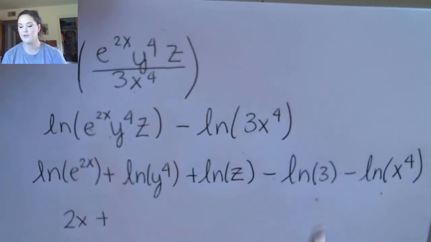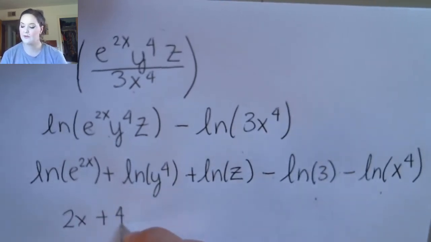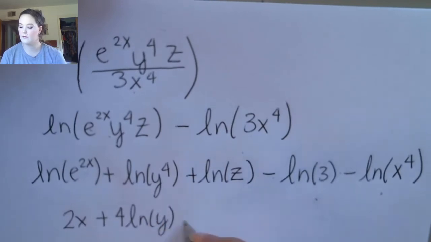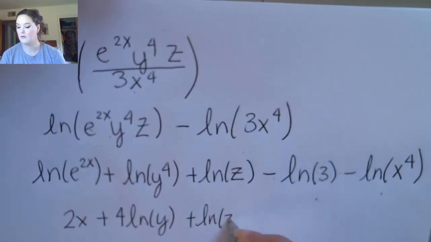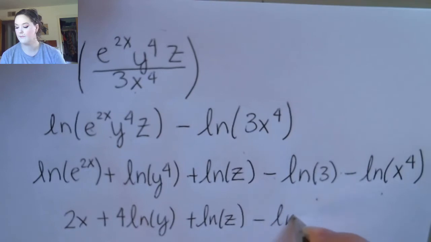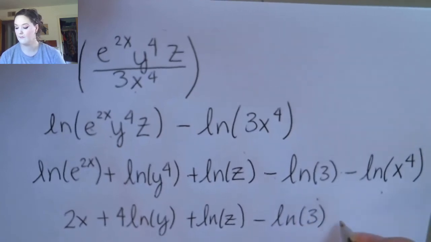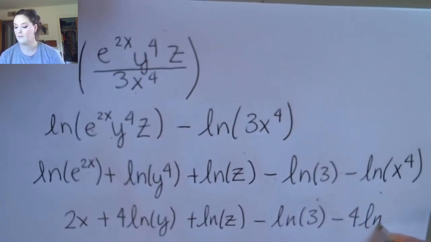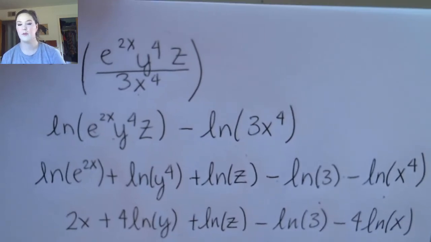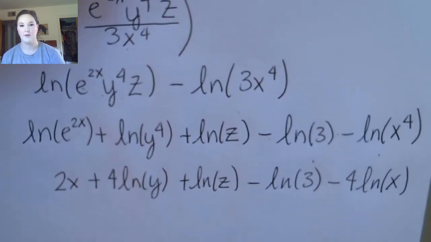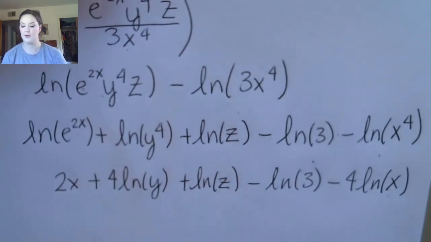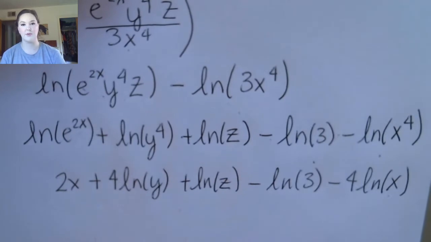Okay, and for the rest of these, we're going to bring the exponents down as coefficients. Okay. All right. You can see that in the interior here, you only have a single base, no exponents. Okay, so that means we're completely expanded here.